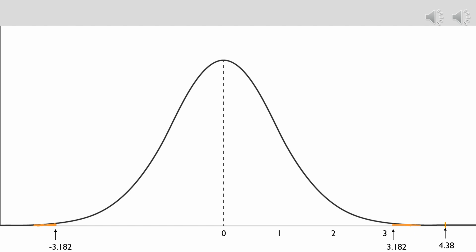So in research, oftentimes researchers like to use two-tailed tests because they're more stringent. It means that it's actually harder to find significant results, which means that if you do find significant results, it's more likely that that is accurate, that's a real relationship between those variables.